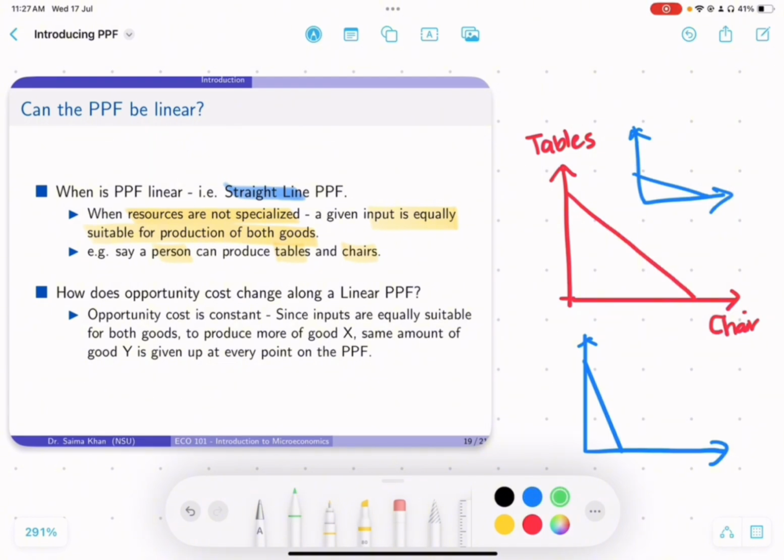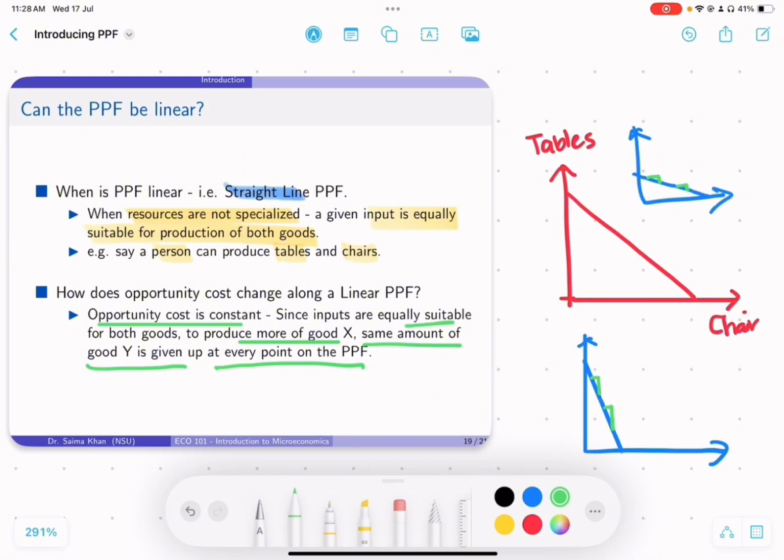So if I draw here, whatever is the opportunity cost here, it's the same opportunity cost here. So exactly what I've said, your opportunity cost is constant. Since inputs are equally suitable for both goods, to produce more of good X, you're giving up the same amount of Y at every point of the PPF. That's the essence of it.